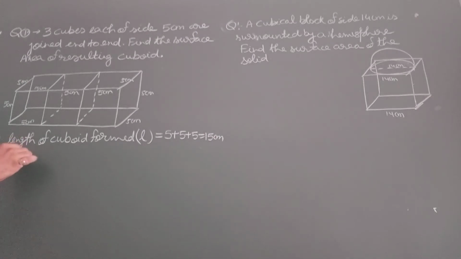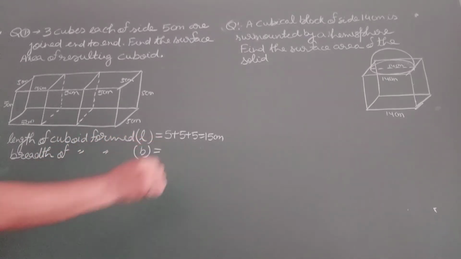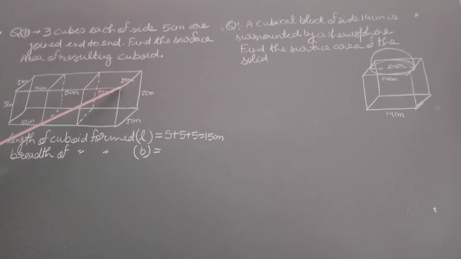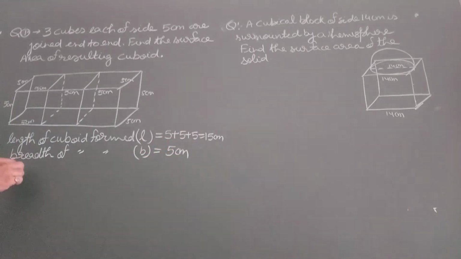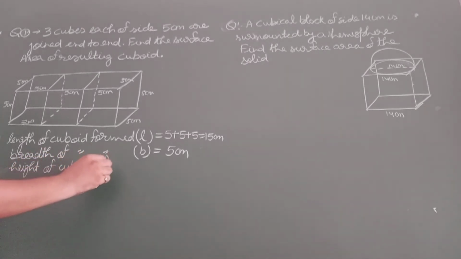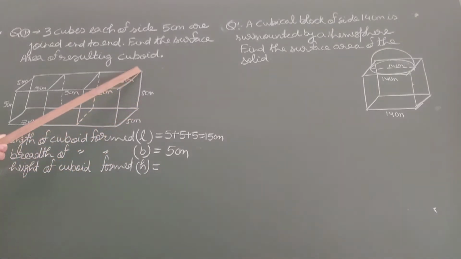Breadth of cuboid, B equals, this is the breadth, it will remain as it is, 5 centimeter. And height of the cuboid formed, H equals, it is also the same, 5 centimeter.